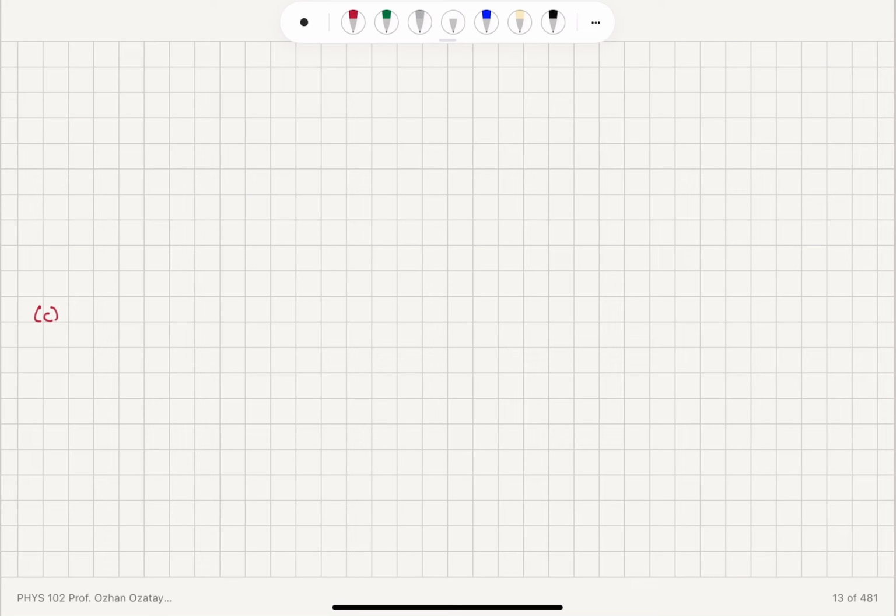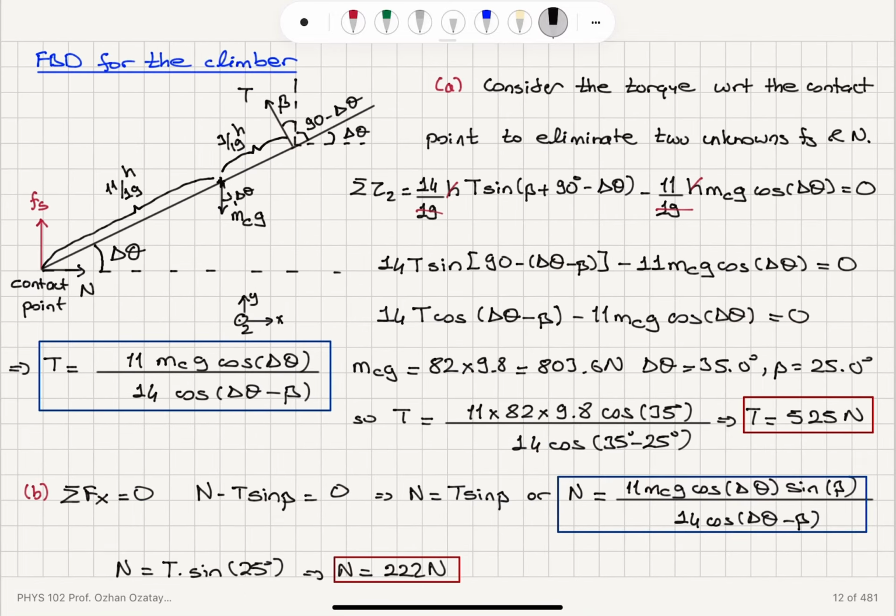Now we can talk about friction. The net force on the y-axis should also be equal to 0. So if I look at the forces on the y-axis, I have T cosine beta, vertical component, static friction, and the weight.